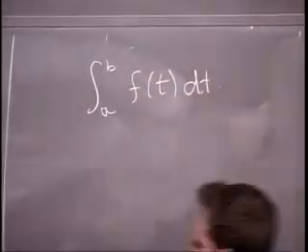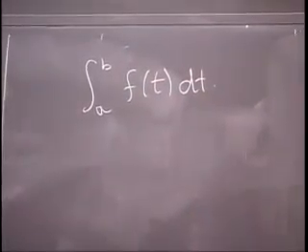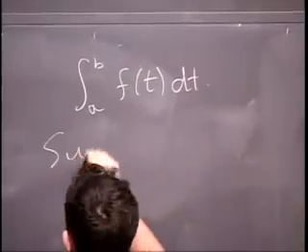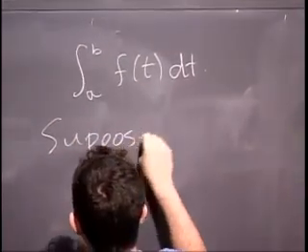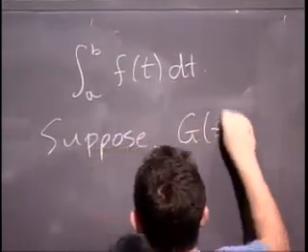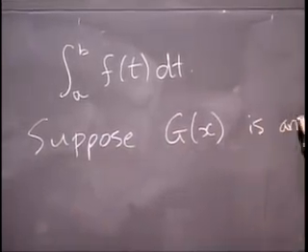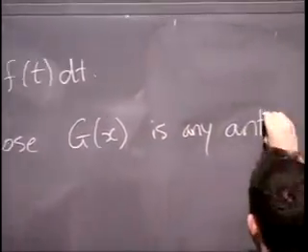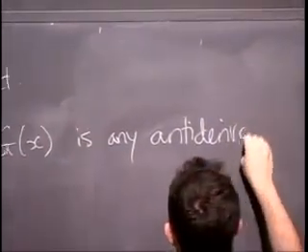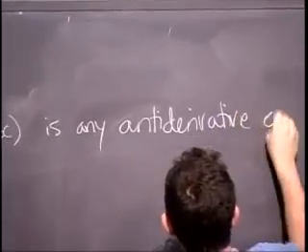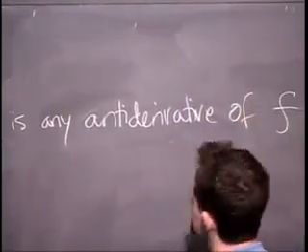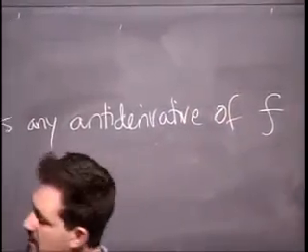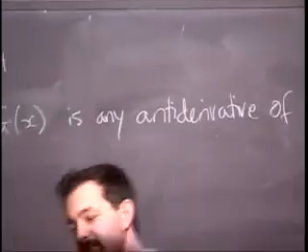Suppose we pick any antiderivative. Suppose g is any antiderivative of little f. I don't know which one. They all differ by constants anyway. So we have this antiderivative.